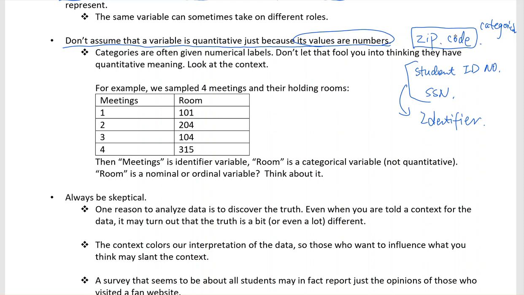Both of these types are shown as numbers, but they are not quantitative variables. Be careful.